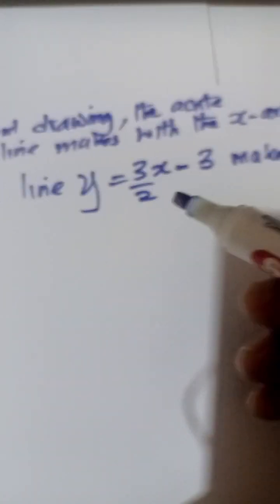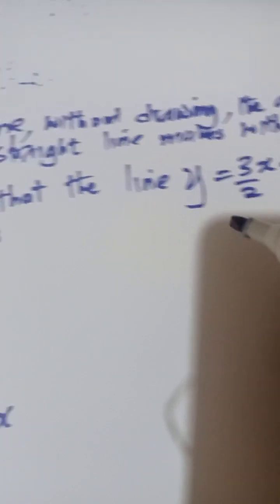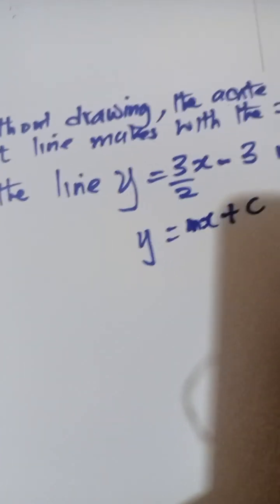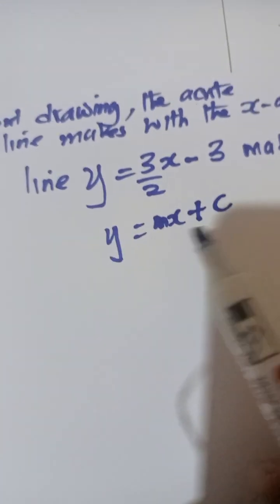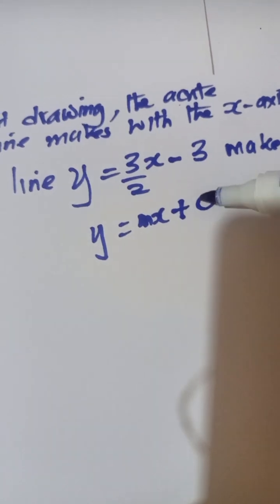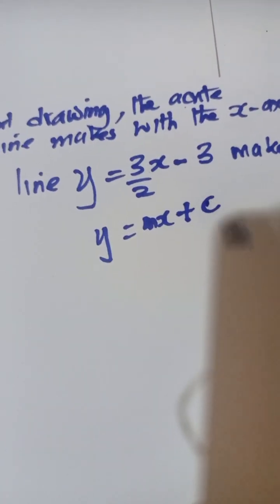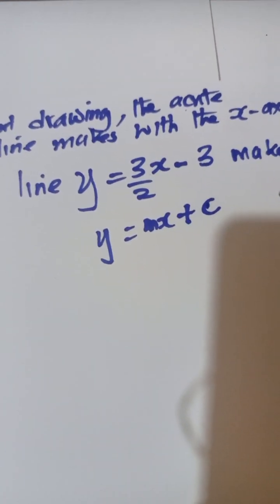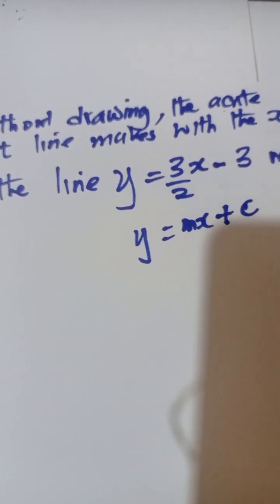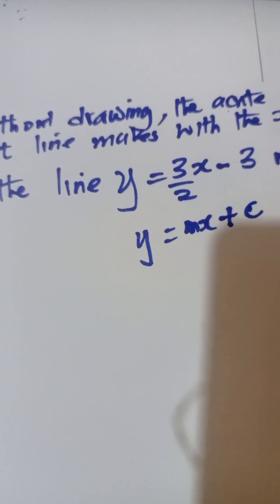Now from our equation, it's already written in the form y is equal to mx plus c. This is the general form of the equation of a straight line, where c represents the y-intercept, while m represents the gradient of the line.